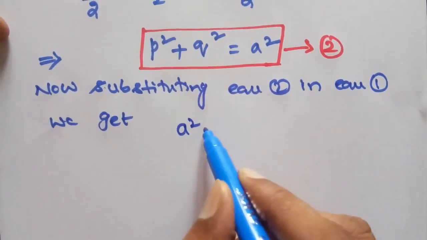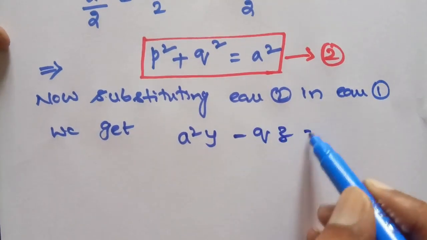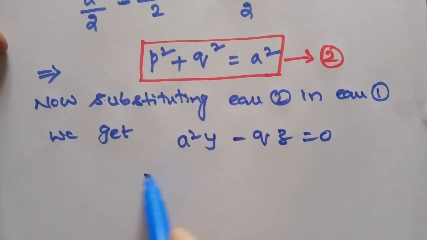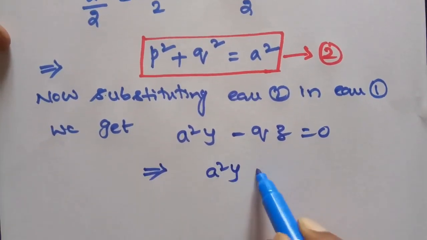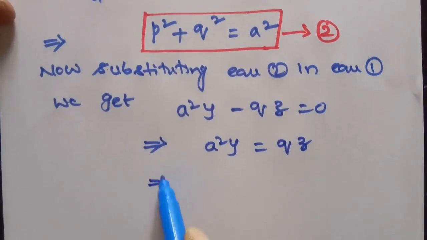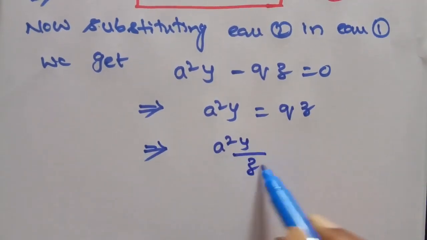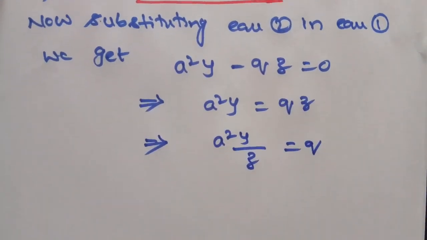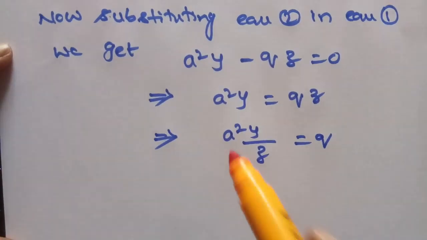So a square into y minus qz is equal to 0. Therefore, this implies a square y is equal to qz. This implies a square y by z is equal to q. This is the value of q.